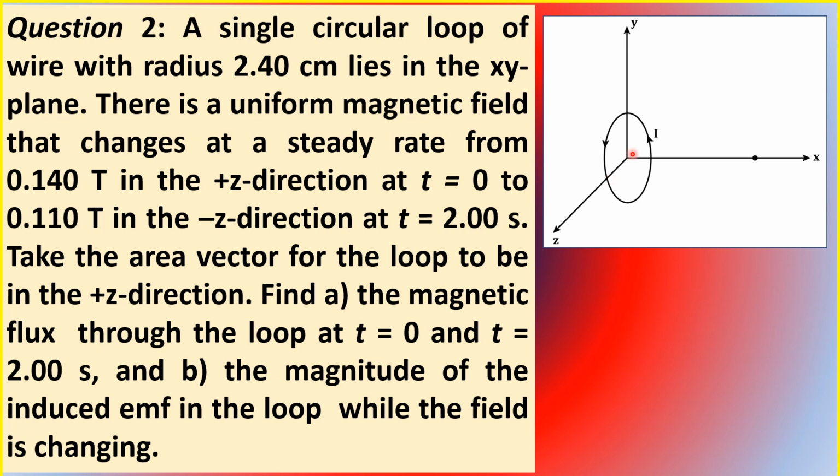So there is a complete reversal in the direction of the magnetic field. Originally directed towards the positive z direction, then after 2 seconds, it has been reversed to the negative z direction.